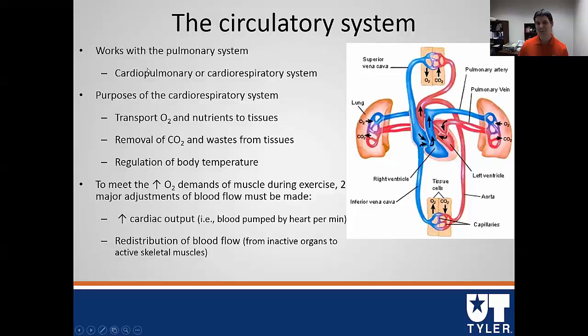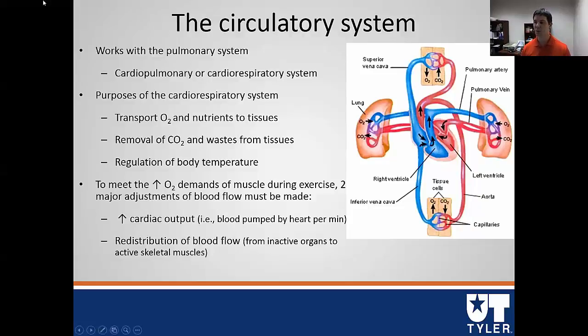Again, very similar to what we saw early in the semester where we lump neuro and muscle together, right? Because we need that neural innervation to stimulate muscle, and we put them together a lot. The same goes for the cardiovascular system. So we're going to cover cardio here, and then we'll get into the respiratory or pulmonary side of things in the next unit.